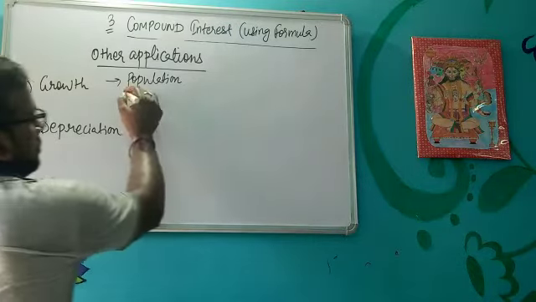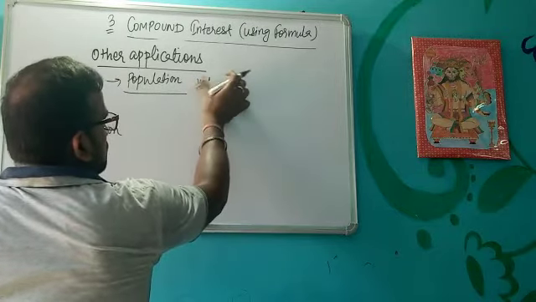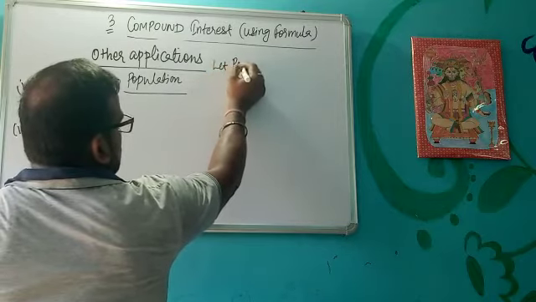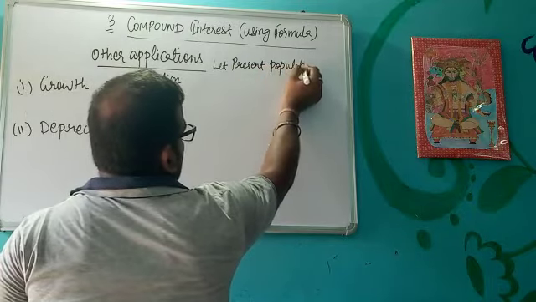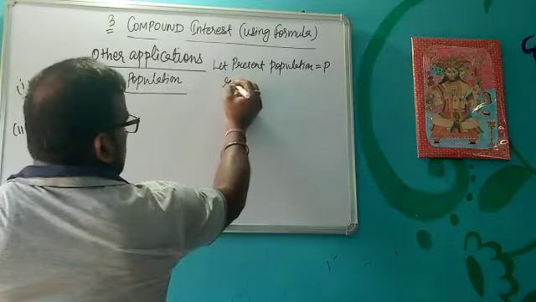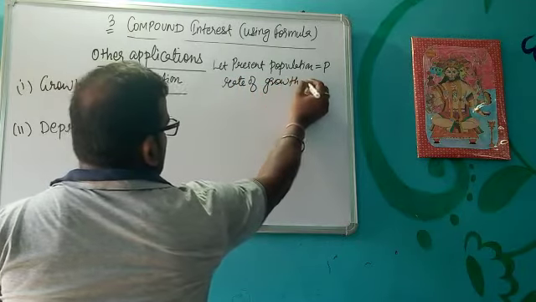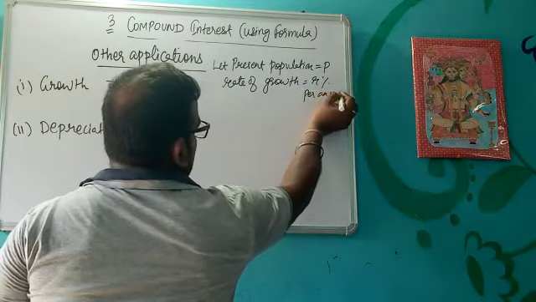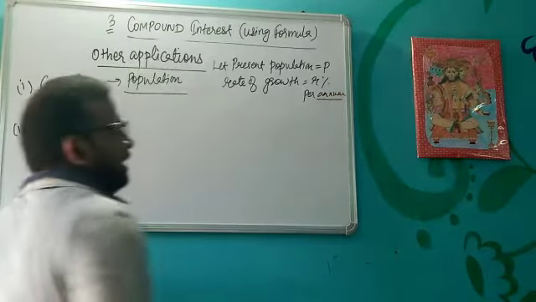So if we want to write the value, let the present population equal P and the rate of growth be R% per annum or R% per month, whatever is written here, and we will take the period as n.